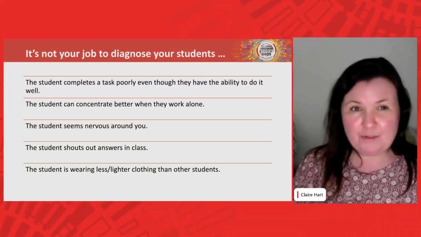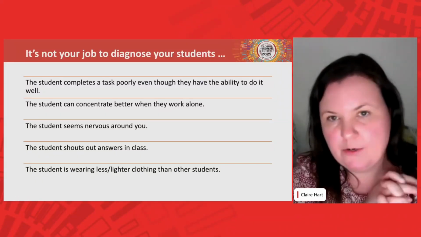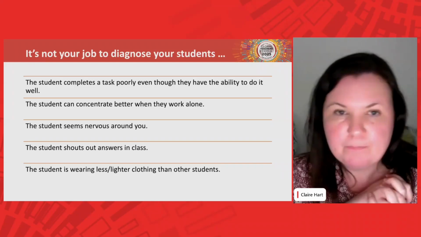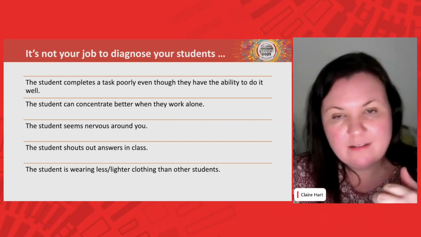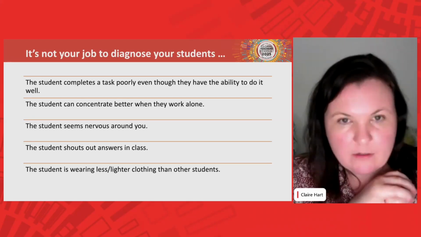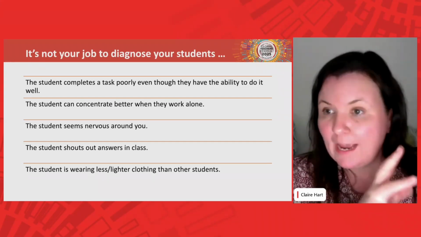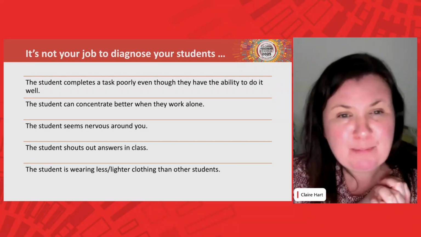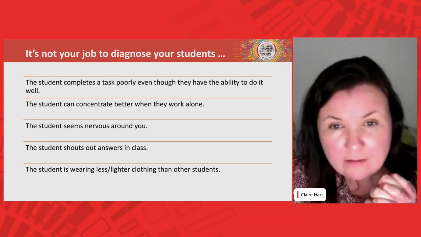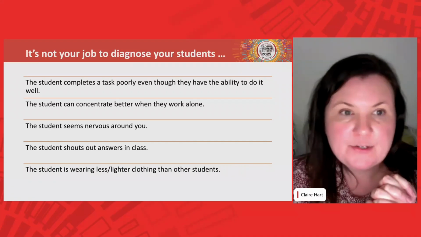And of course, it's not your job to diagnose your students with autism, and you shouldn't try. But there are certain characteristics or tendencies that you can look out for. And these include a student completing a task poorly, even though they have the ability to do it well.